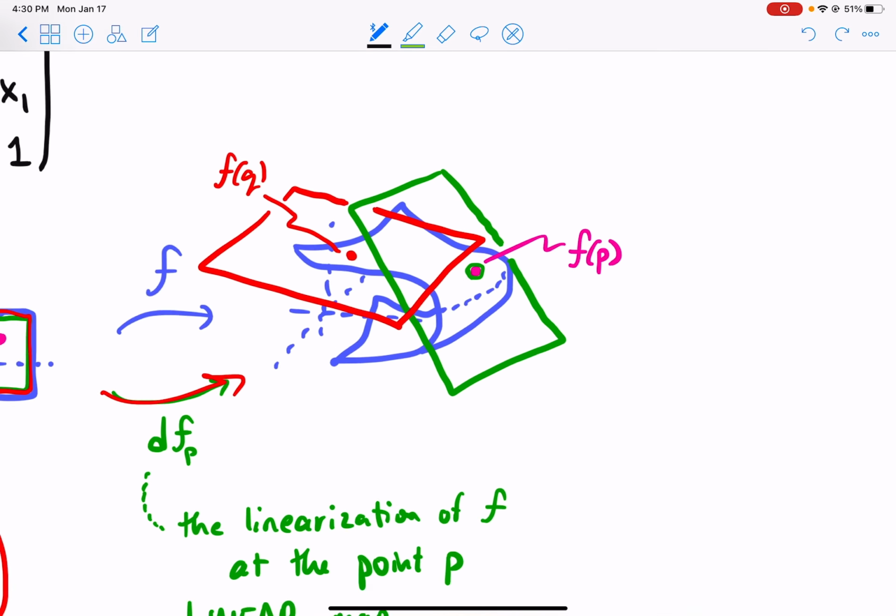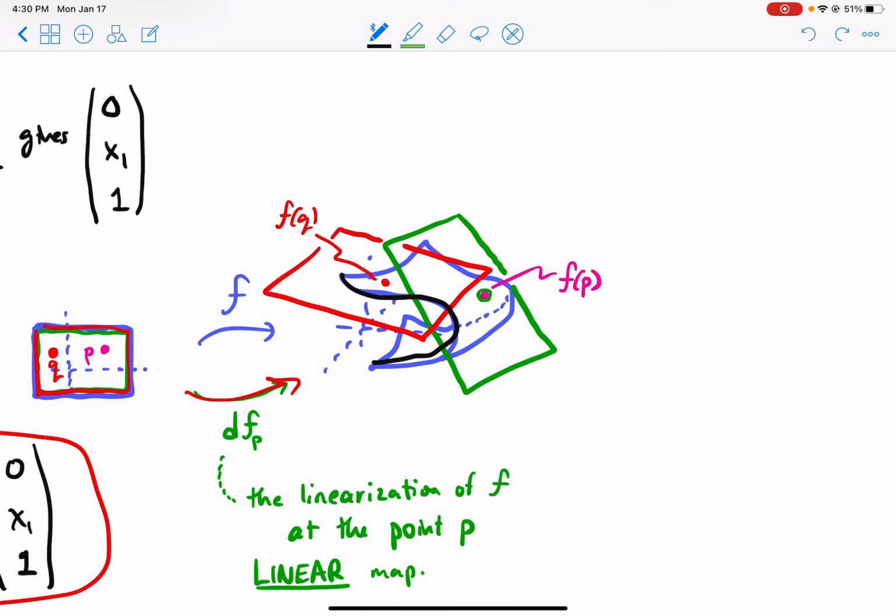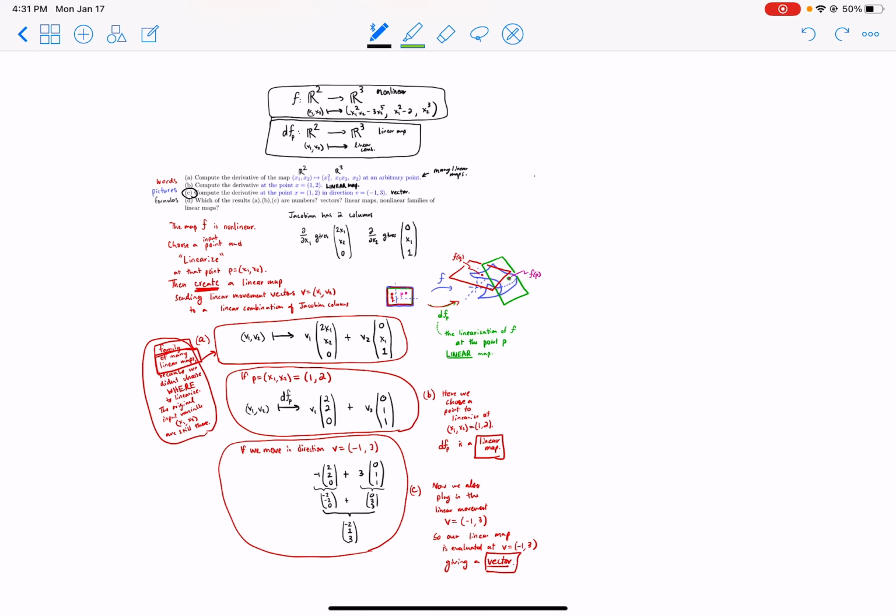Visually, the nonlinear map has this curvy surface as its image, whereas the linear maps will be these flat surfaces. And of course there's many of them depending on where we linearize. Okay.